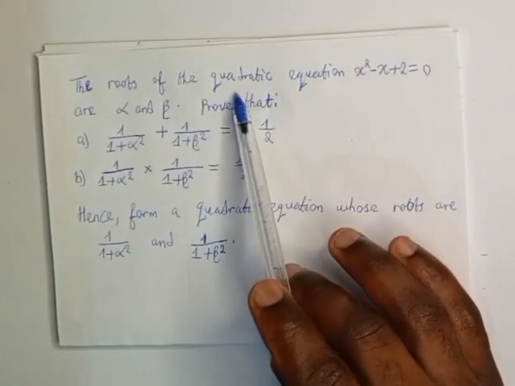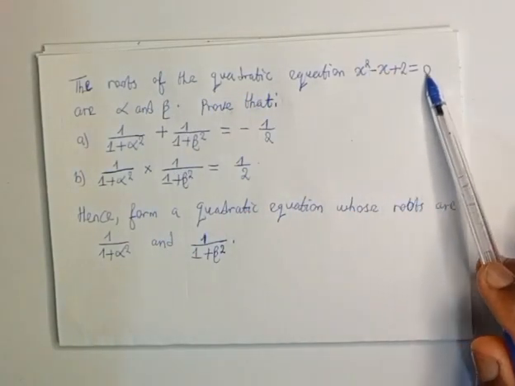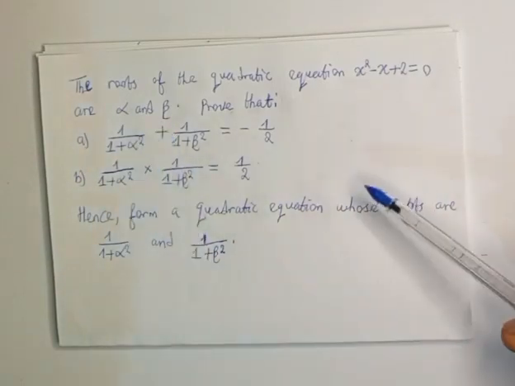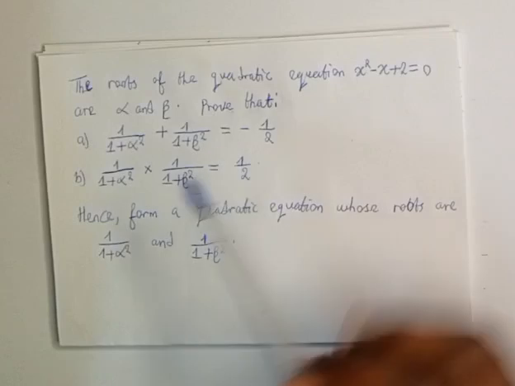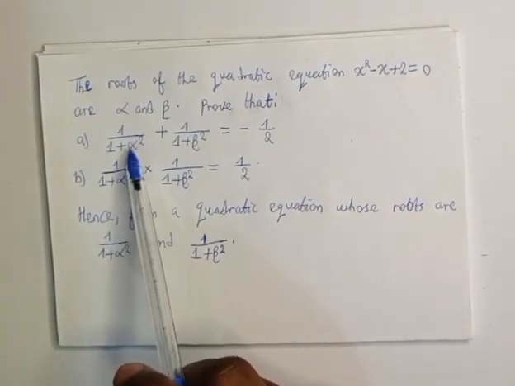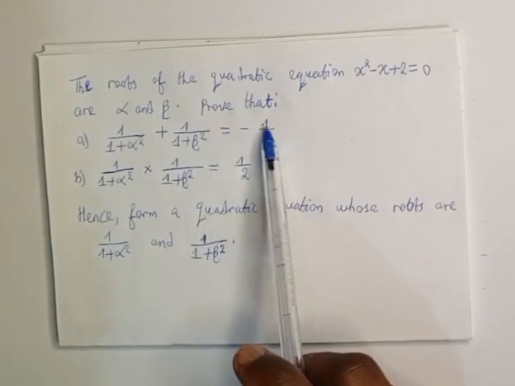The roots of the quadratic equation x squared minus x plus 2 equal to 0 are alpha and beta. Prove that for a, 1 over 1 plus alpha squared plus 1 over 1 plus beta squared is equal to negative a half.